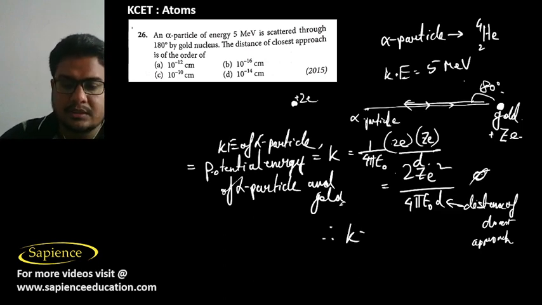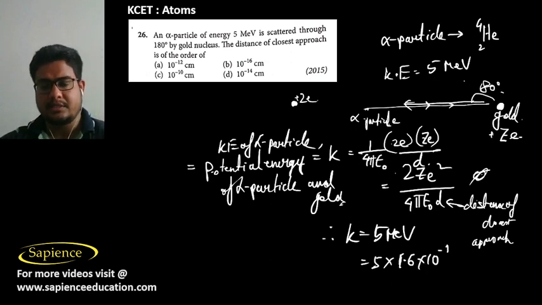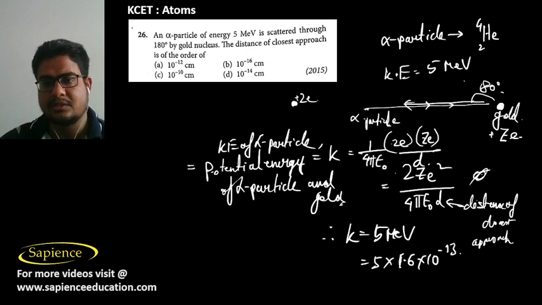So therefore, the kinetic energy is given as 5 mega electron volt, and that can be written as 5 into 1.6 into 10 power minus 19 plus 6, that is minus 13 joule.